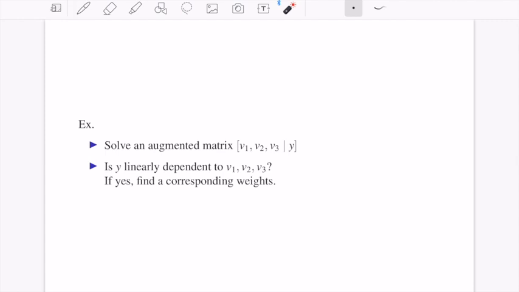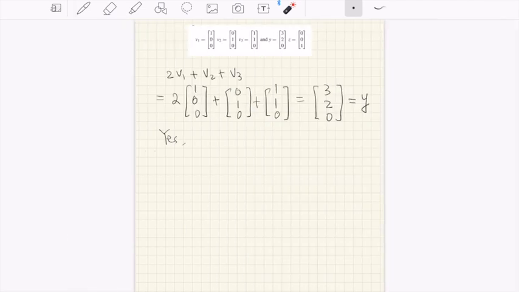Now let me try to answer this question. So solve the augmented matrix v1, v2, v3, y.